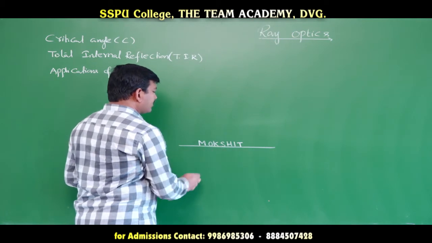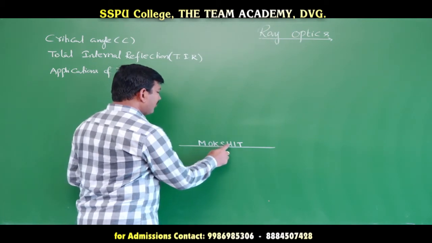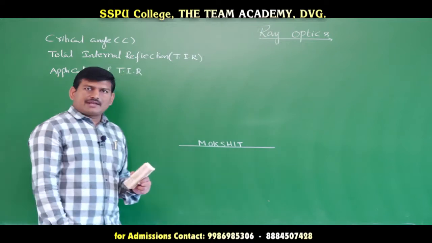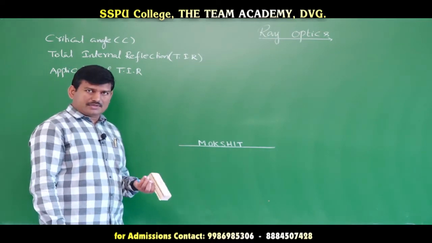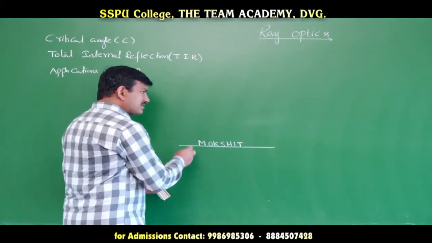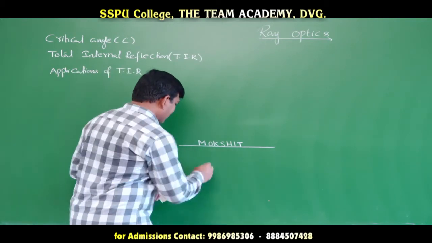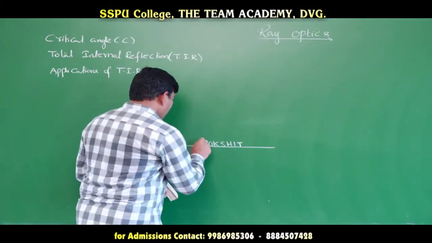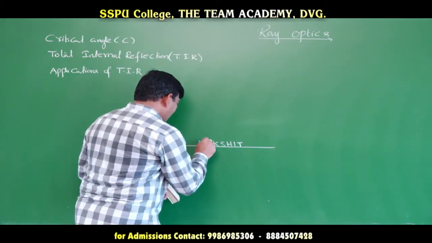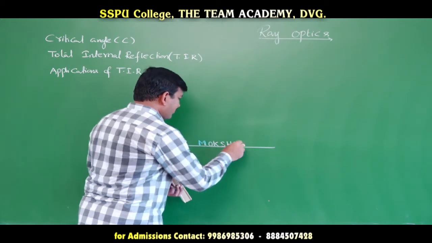How many letters are there? 1, 2, 3, 4, 5, 6, 7. 7 letters I have written. How I have written these 7 letters on the white paper means, I have written the first letter with the violet color like this, and the last letter with the red color.